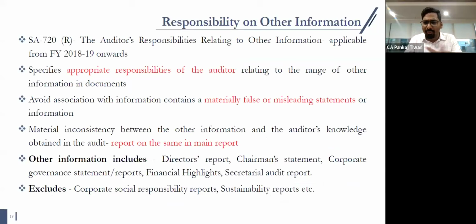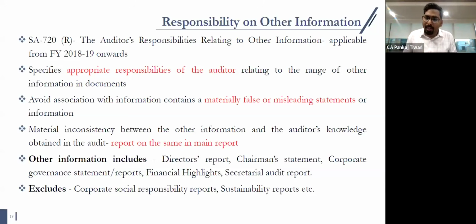Now, just quickly, I want to tell you one matter: in the audit report, you as a user, as a reader, should be aware, my friend, that you have a financial statement which is audited and reviewed by the statutory auditor of a company. Then you have a whole lot of other information: your corporate governance report, your directors' report, your MD&A analysis.